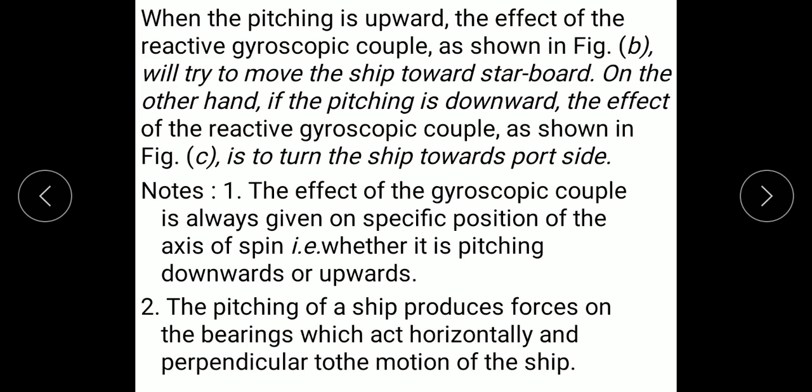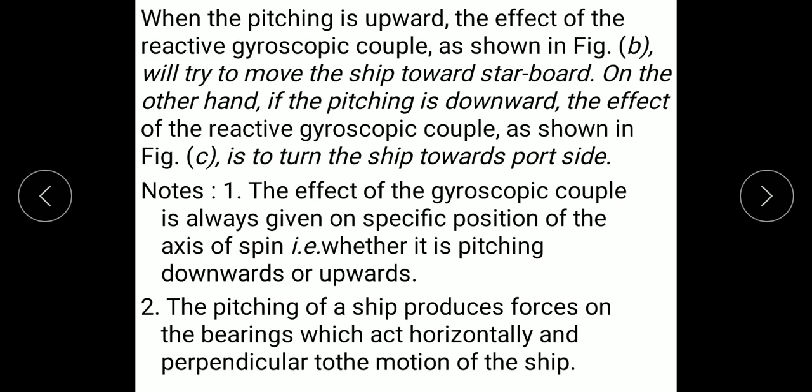When pitching is upward, the effect of the reactive gyroscopic couple, as shown in figure B, will try to move the ship towards starboard. On the other hand, if the pitching is downward, the effect of the reactive gyroscopic couple shown in figure C is to turn the ship towards the port side.